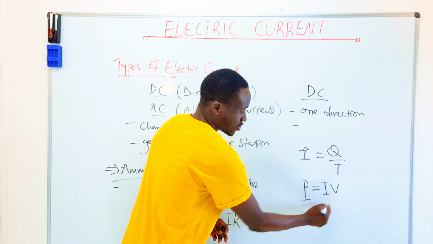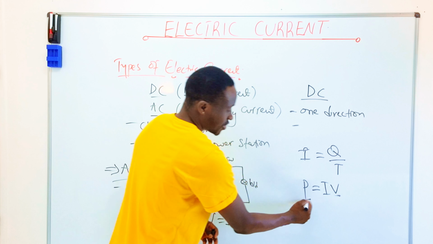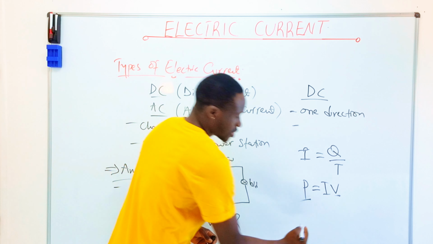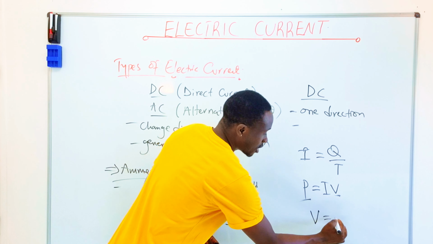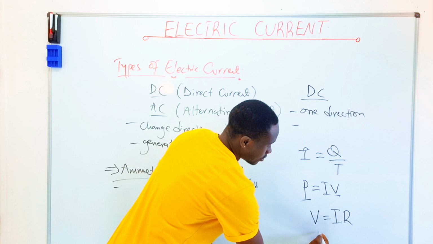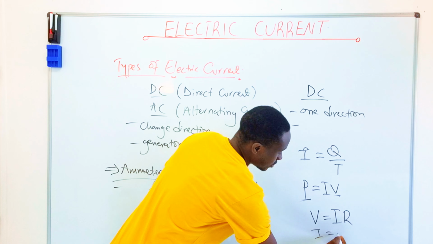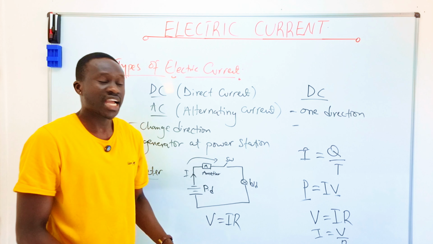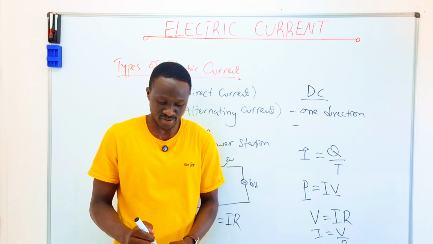You can use this formula because there is voltage and there is power. It depends on which question. In Ohm's law, there is another formula where you can find current, which is current equals voltage over resistance. It depends on which formula they have given you.